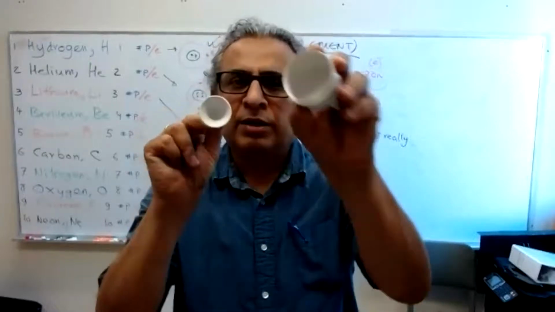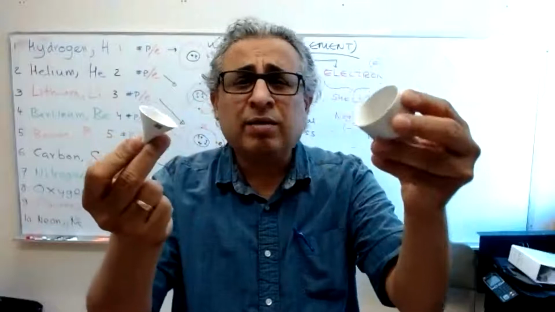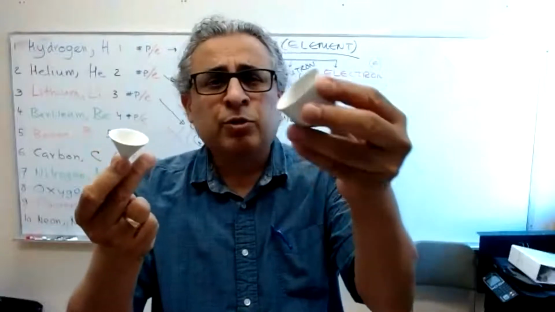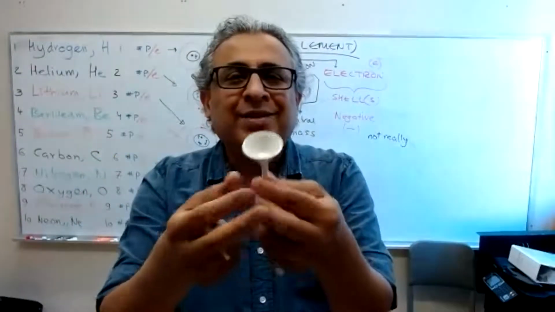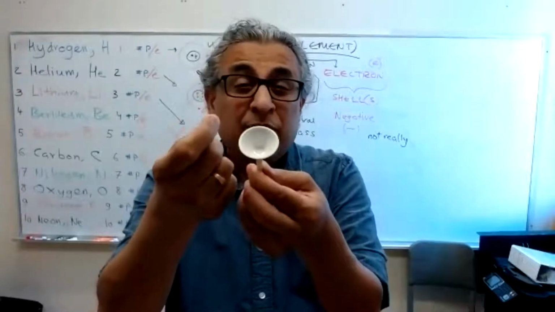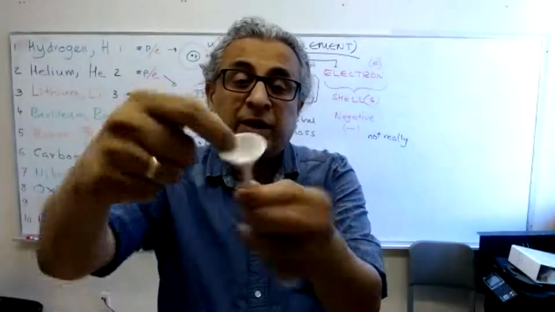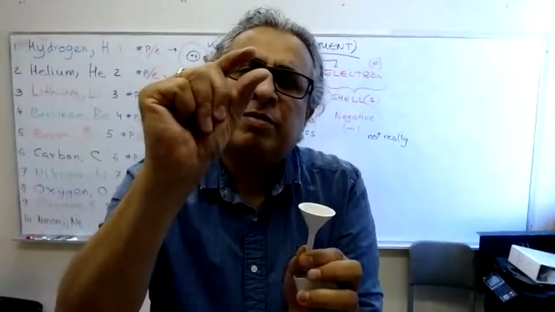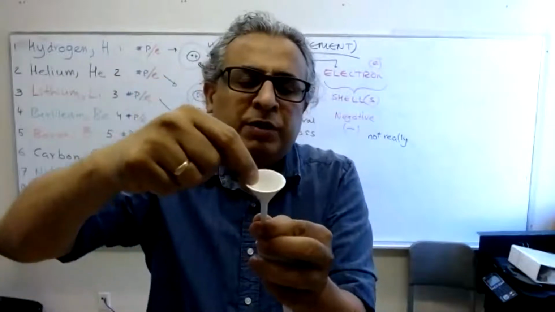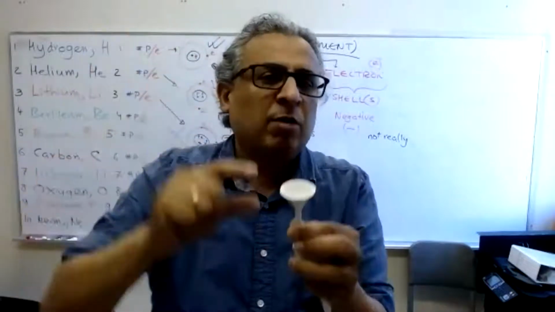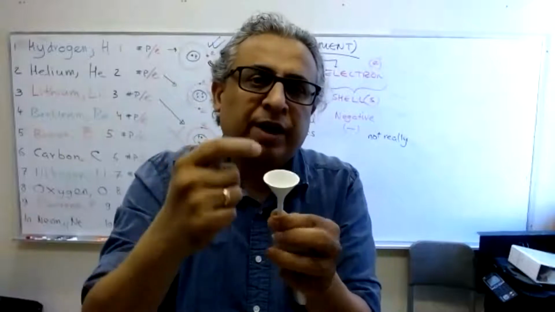This is for larger scale, 1 gram, half a gram, 200 milligrams. If you're dealing with a tiny amount of material, use the Hirsch funnel. Use a tiny little filter paper. You don't use a huge filter paper and fold it up. That's terrible technique because it's not going to create good vacuum.